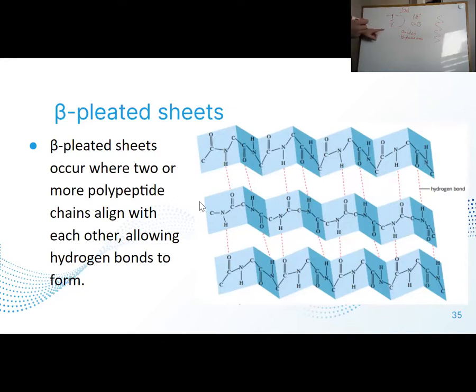And that is when you have two or more polypeptide chains, and then this one comes along and they bond together. That's only when there is more than one subunit within the protein, so more than one primary chain.